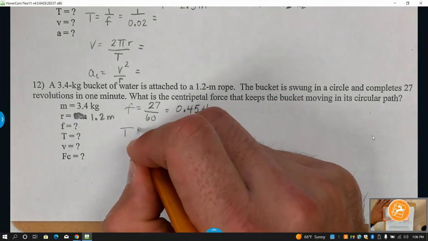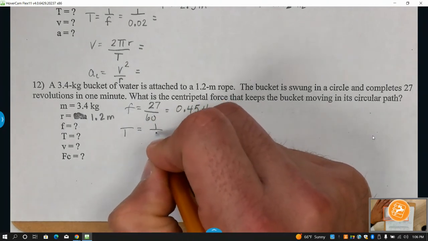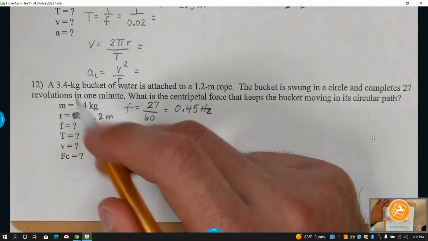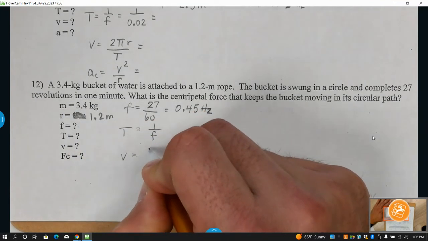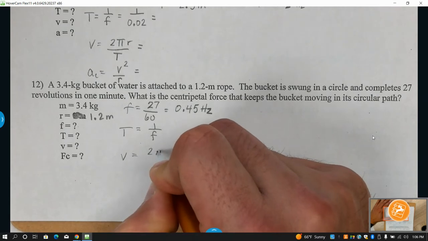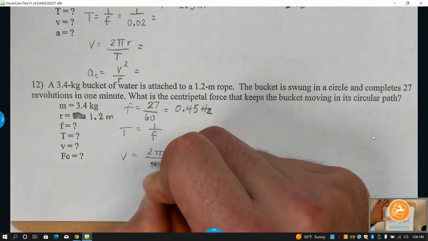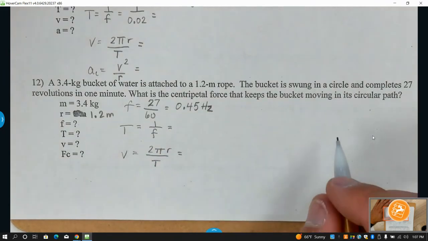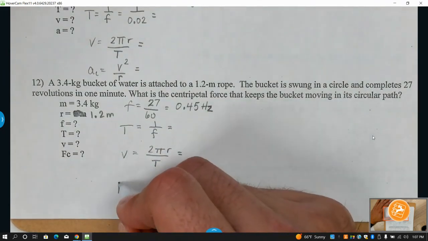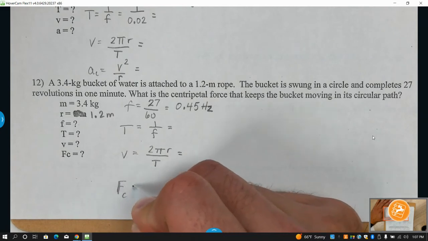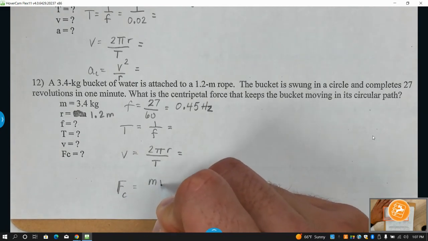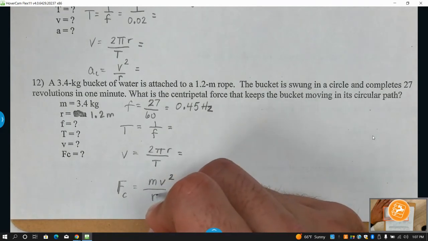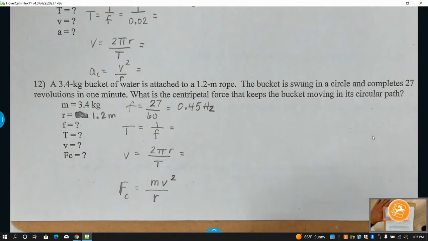Then you can find T. Then, after you have T, because you have radius, you can find V. And then once you have V, you have enough to find the centripetal force. Mass times that V squared divided by R.